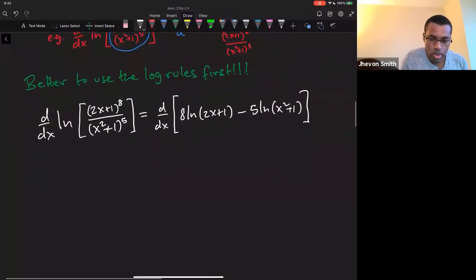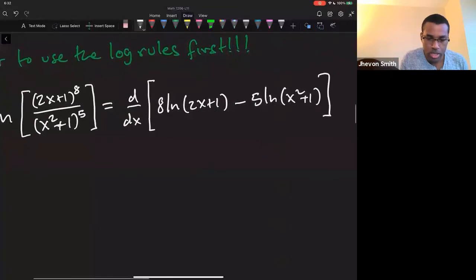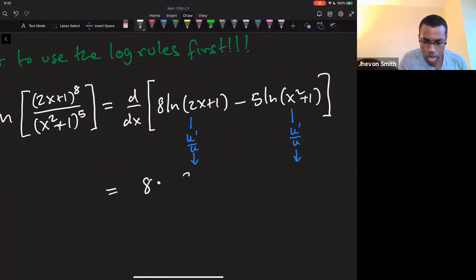So now the derivative of the sum is just the sum of the derivatives, right? So for this one, we can apply u prime over u to it. And for this one, we can apply u prime over u to that. And it's going to be much easier to get those answers now. So here I have the 8 times u prime over u minus the 5 times u prime over u.